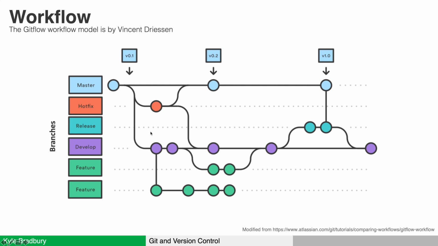So perhaps you're starting to develop things, and there's a main development branch, and then you add in a feature that takes a few days or a few weeks, and then you merge that back into that main development branch.